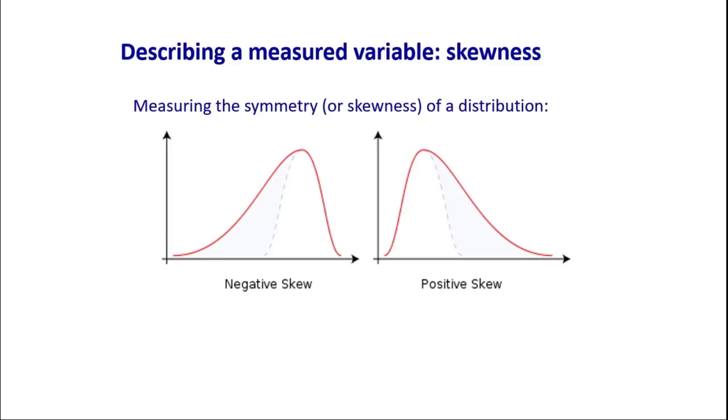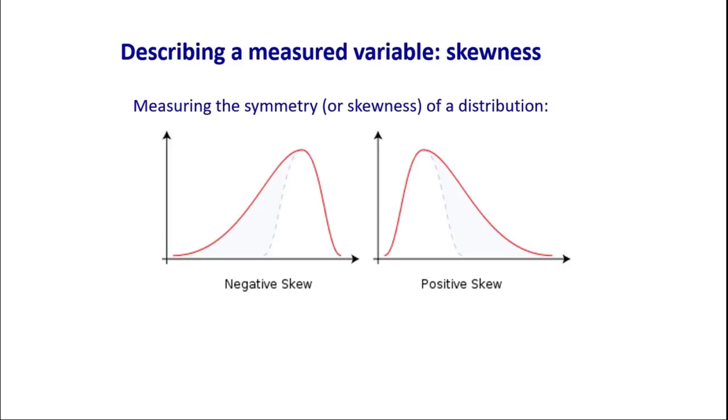If you see the peak as the center point, then this section here is indicating we have a negative skew. And similarly, this one here has a positive skew.